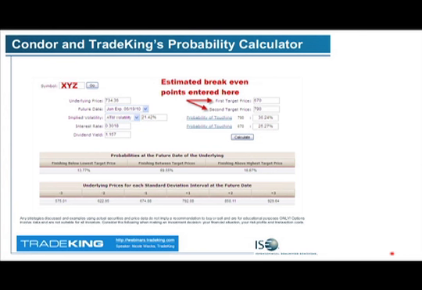Now, just a brief statement here about log normal, okay? There's a model within the probability calculator, and that's how these numbers are kicked back to you when you enter in the parameters. And the log normal model says that there are more potential price outcomes to the upside than there are to the downside. That doesn't mean that the model is skewed bullishly. It just means that mathematically, the index that's at 735 can go from 735 to 2,000, if you will, or higher, but it can only go lower to 0, right?